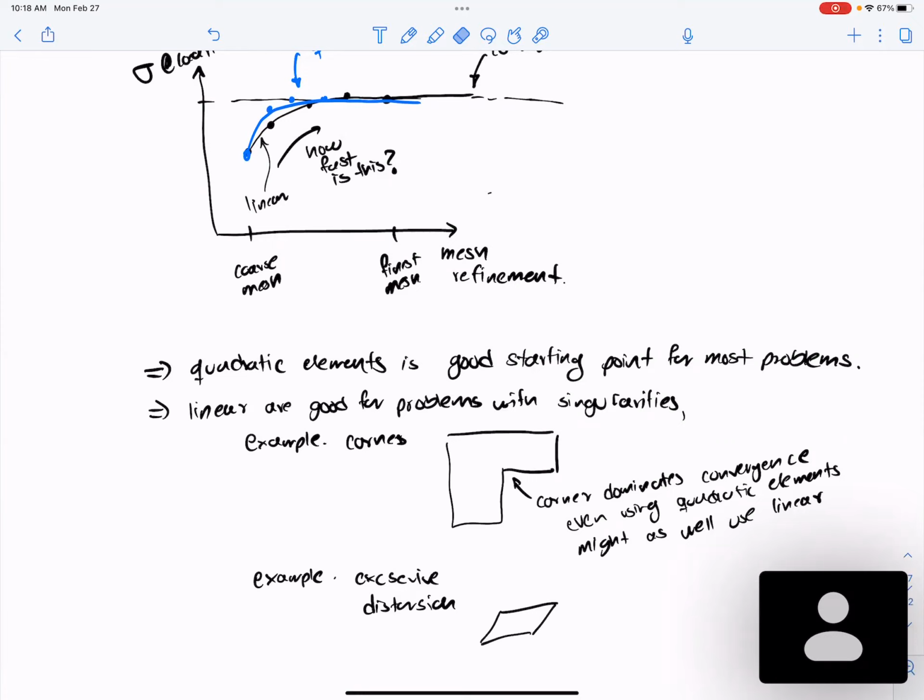Questions? Yes. Does Abaqus use quadratic elements as a default? I actually don't know. I think the default is probably, but okay, it's in the next slide. I think that maybe the default is linear with reduced integration, which are the cheapest possible elements. So the Abaqus default is sort of the cheapest one, which is not bad.